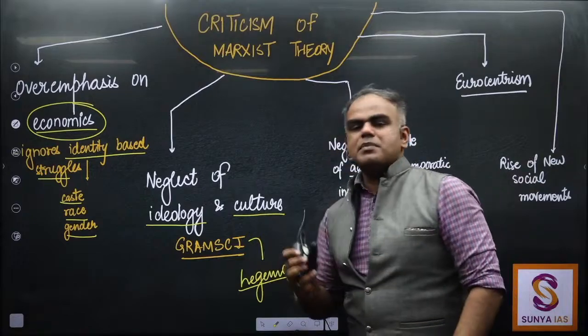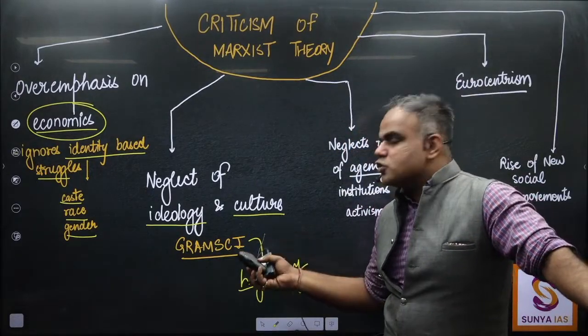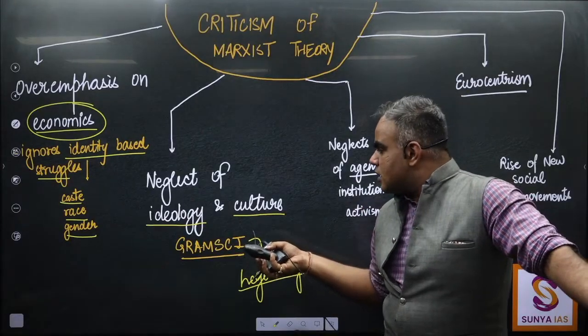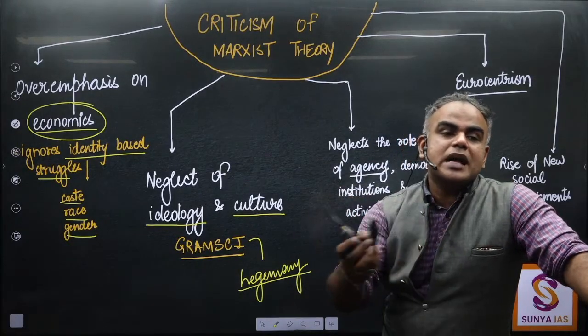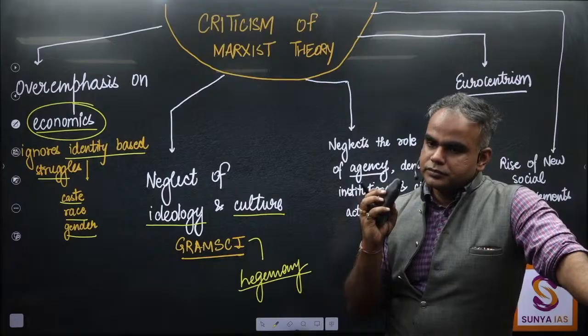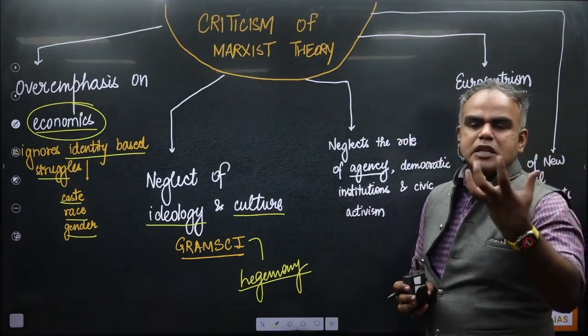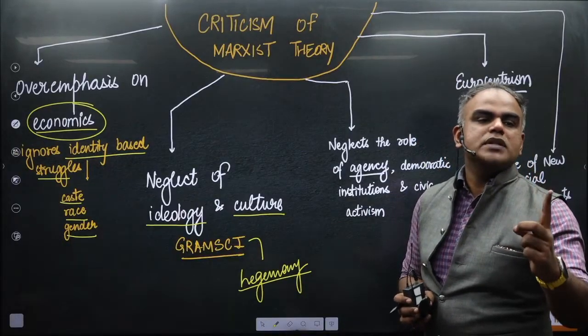But in case of Gramsci, that is not true. What does Gramsci say? In fact, Gramsci is known as the theoretician of superstructure. So Gramsci says that over-reliance on economics does not explain the current reality of the modern world. Even if these rulers don't exert economic influence, they have other modes of influence.